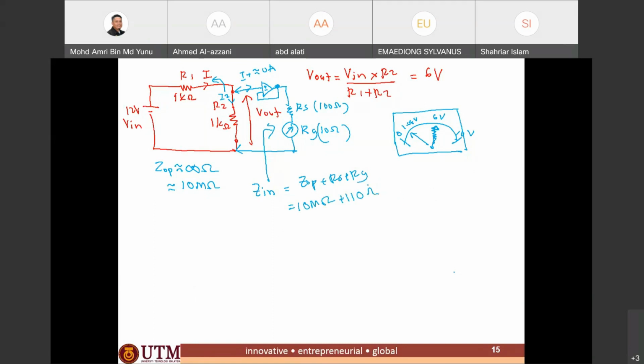Since this is very small compared to 10 mega ohm, it is as good as 10 mega ohm.